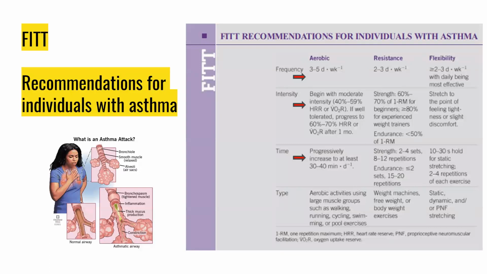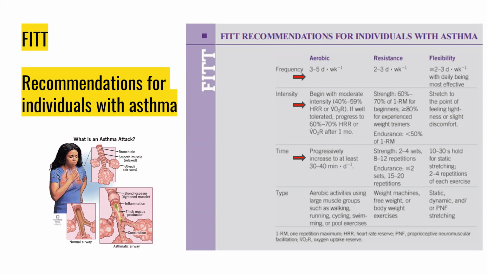So here are recommendations for individuals with asthma. For aerobic training, 3 to 5 days per week. Begin with moderate intensity, 40 to 59%, and progress up to 60 to 70% after 1 month.